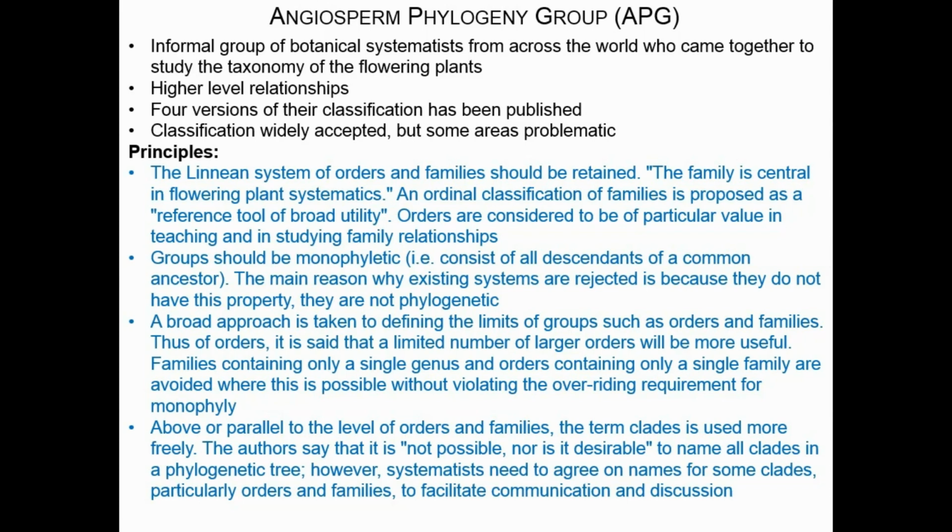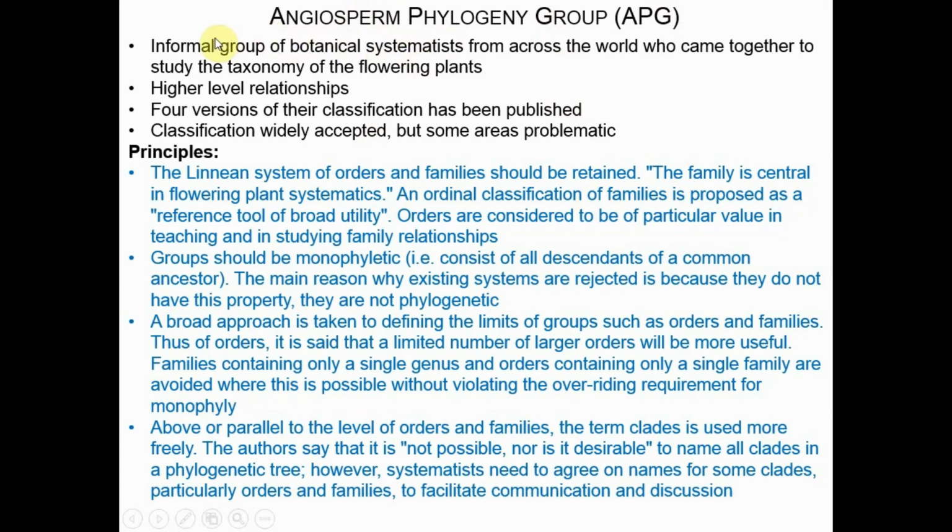So there have been very large projects that have sequenced DNA across flowering plants and other taxa. And the Angiosperm Phylogeny Group is one that worked specifically on flowering plants.